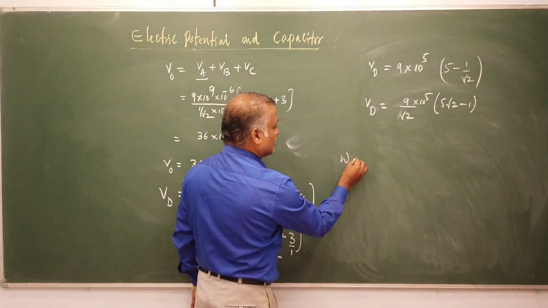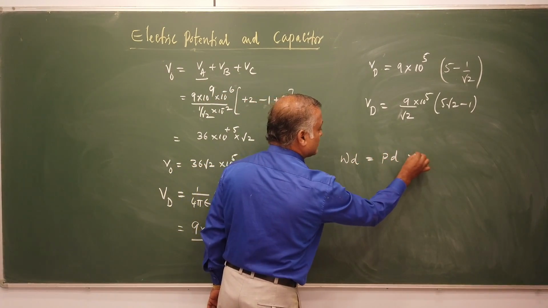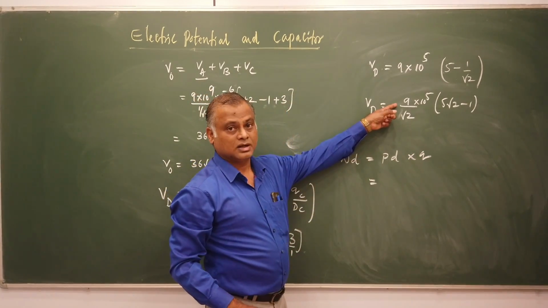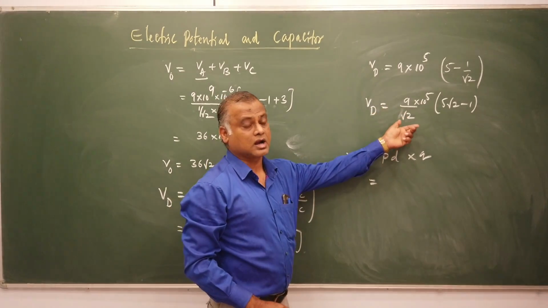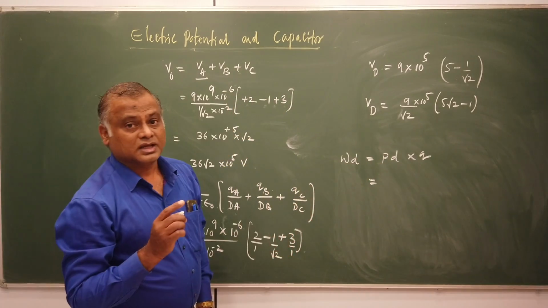Then you have to solve for the work done. That is equal to potential difference into charge. It is your work. I don't want to waste time here taking the calculator and calculating. Do the calculation. Potential difference is what?